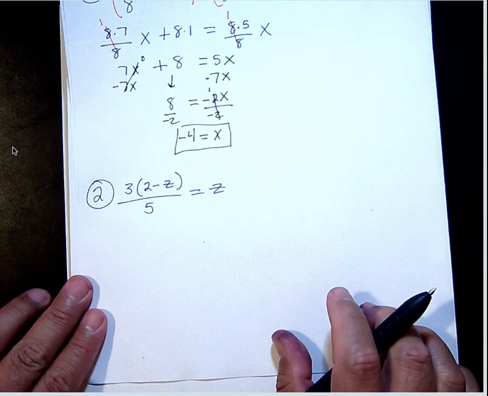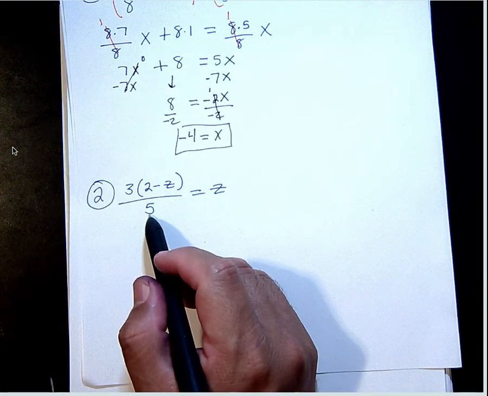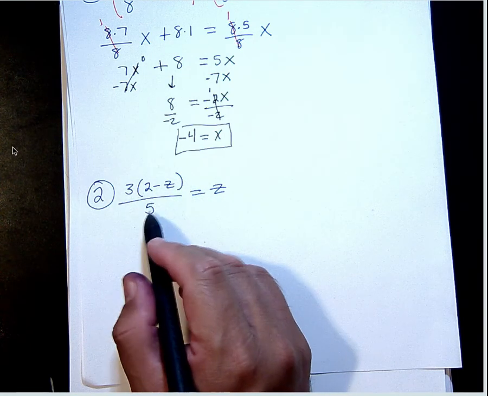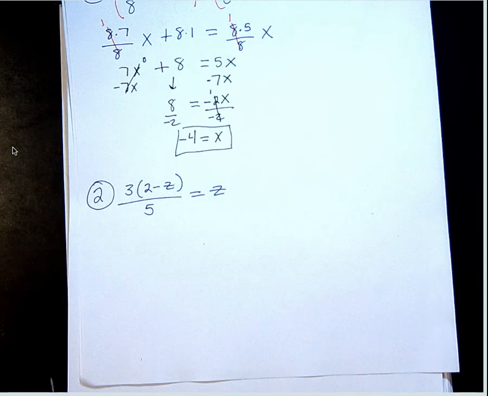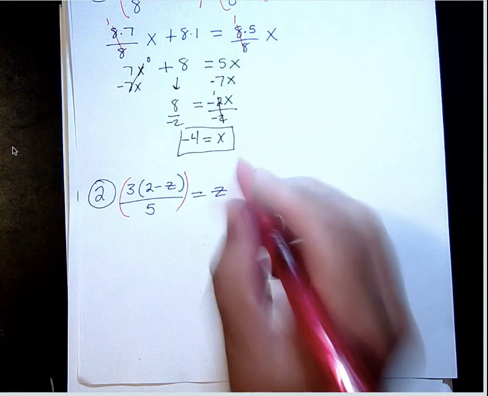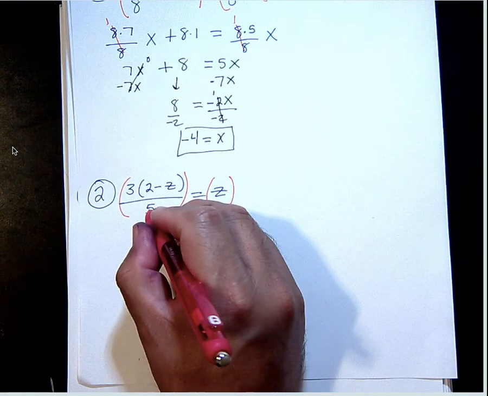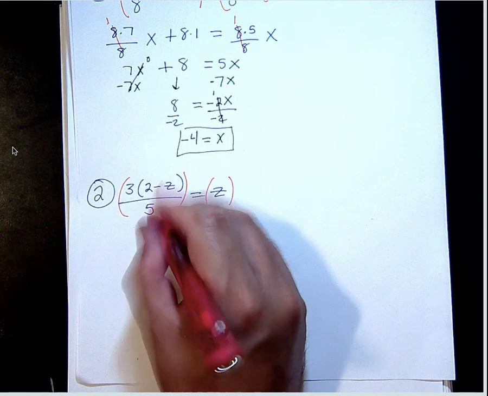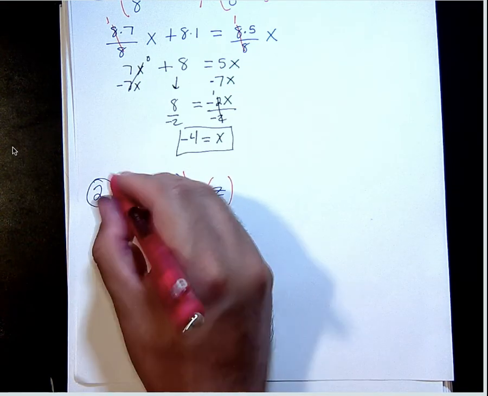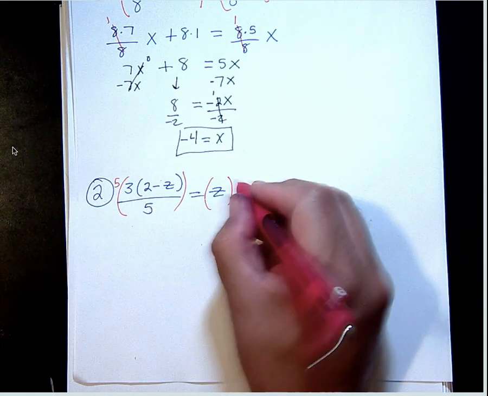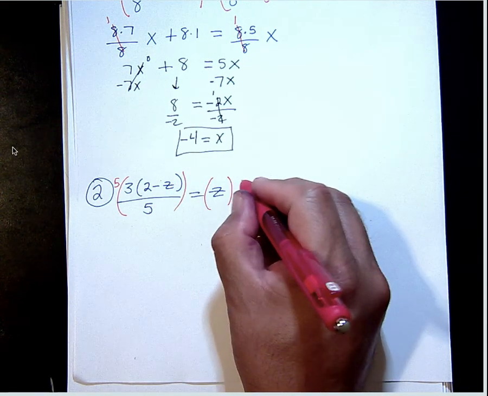Okay, there's this other type where you have the fraction like this underneath this whole thing right here. So we can eliminate it really easy again. When you have this one, I think these ones are even easier than the one on top. Since that means you're dividing this by that, we're going to do the inverse of division, which is multiplication, to eliminate that 5 because we want to solve for z.